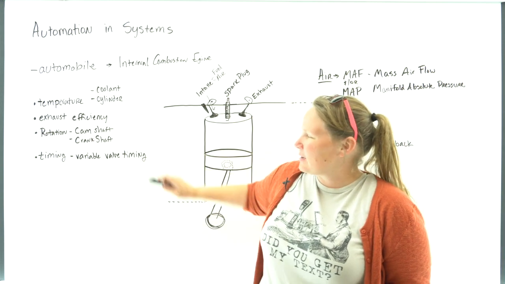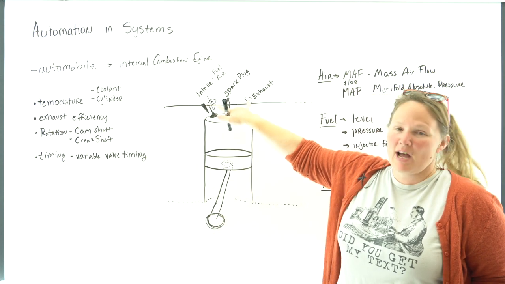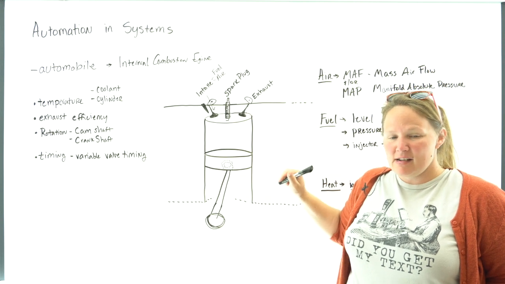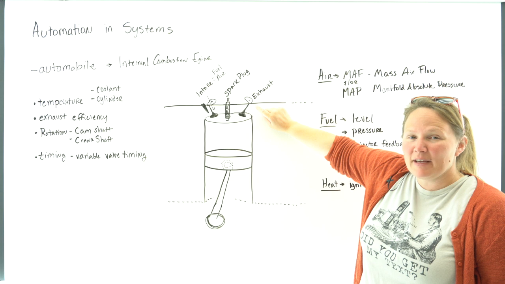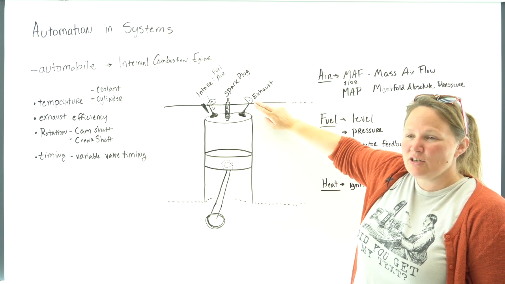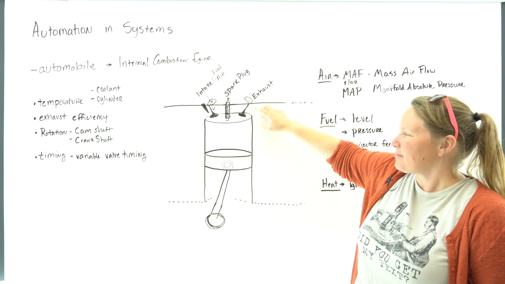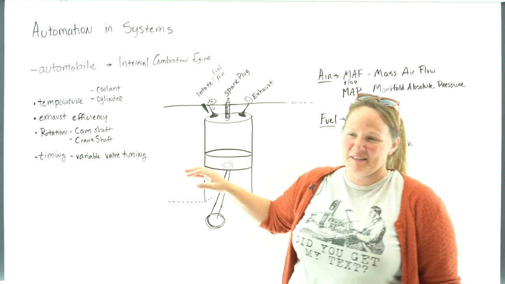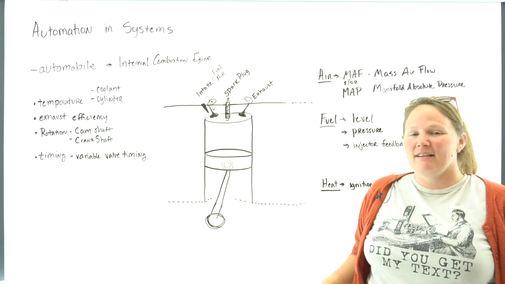We also could measure the time. We know that the crankshaft and the camshafts need to rotate at specific intervals. We could vary the valve timing by changing the rotation of the camshafts. So there's something called variable valve timing, but we can't do that unless we know the speed at which the cams are rotating in the first place.